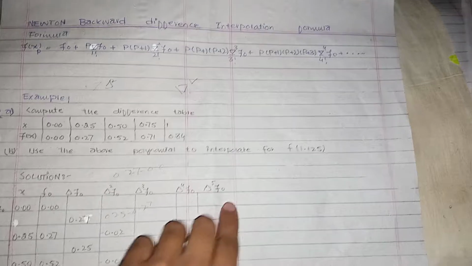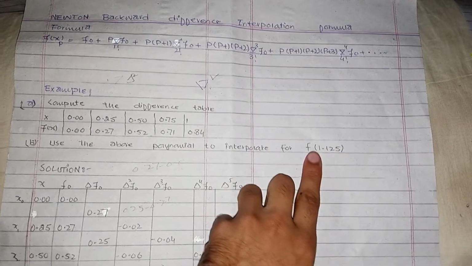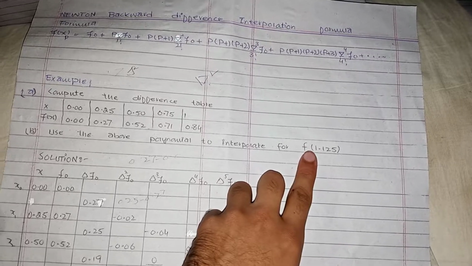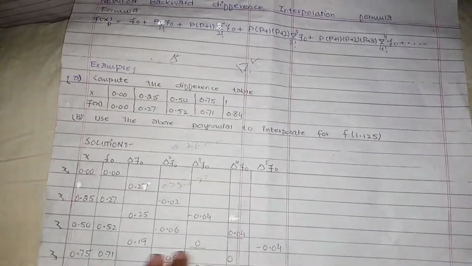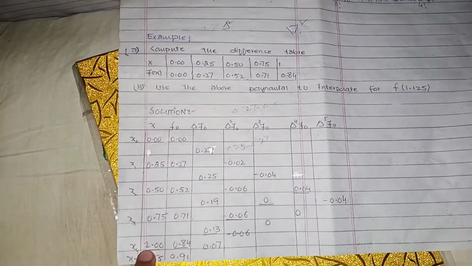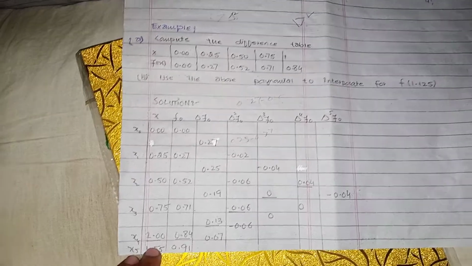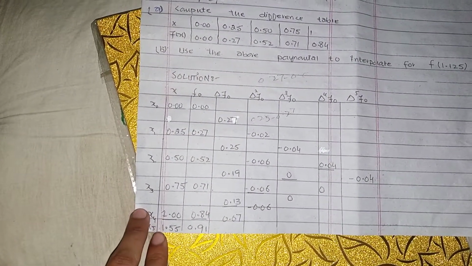And as for the rules, here it is 1.125, so you will guess that the value comes between the values of x. You can see that 1.125 comes between these two values, between 1 and 1.5.